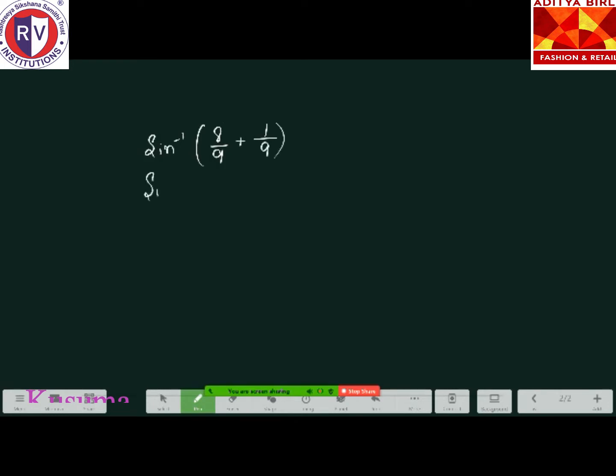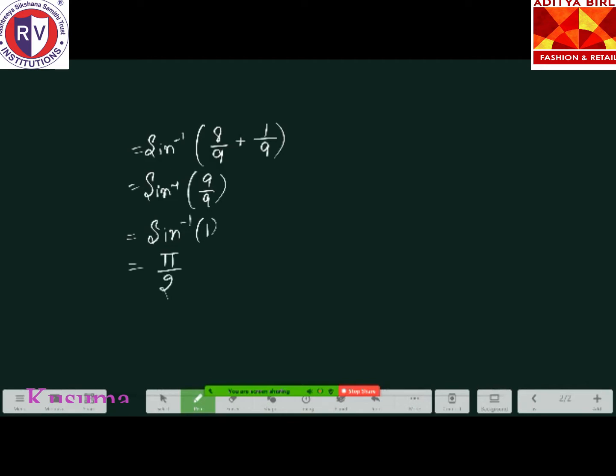That is sine inverse of 9 by 9, that is sine inverse of 1. What is sine inverse of 1? Pi by 2. Yes, sine inverse of 1 is pi by 2.